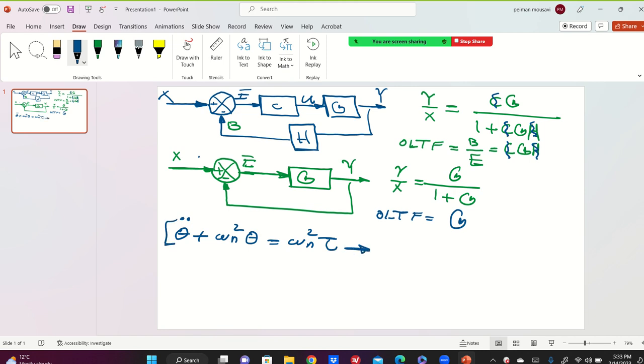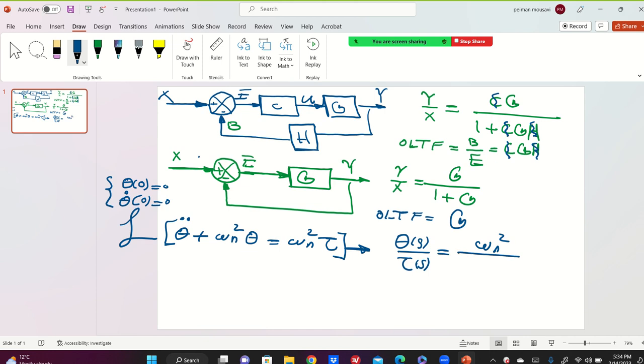After applying the Laplace transform, and assuming that theta at 0 is 0, and the angular velocity of the pendulum at 0 is 0, starting from rest, we got theta of s, output over input, closed loop transfer function was omega n squared over s squared plus omega n squared.